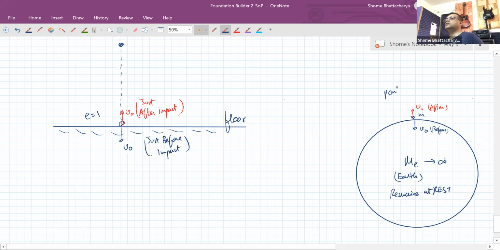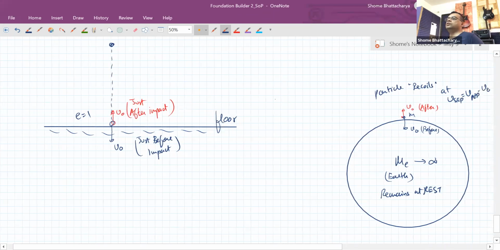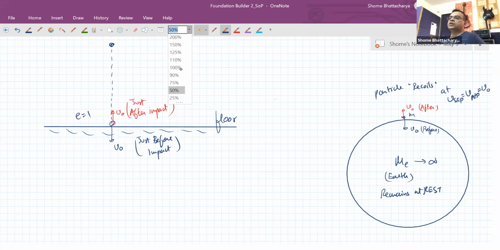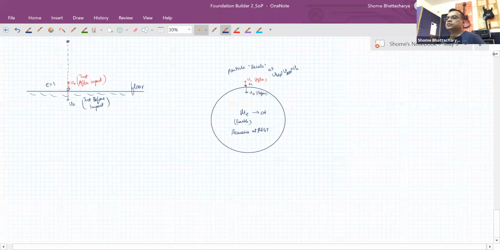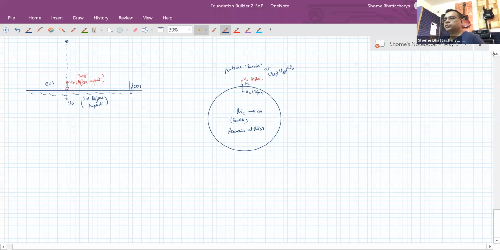And the particle recoils at separation velocity equal to approach velocity, equal to the velocity of impact, which is v0. Okay. So I'll just minimize this and go through it from the mathematical derivation above also, and then the physical explanation of it below.